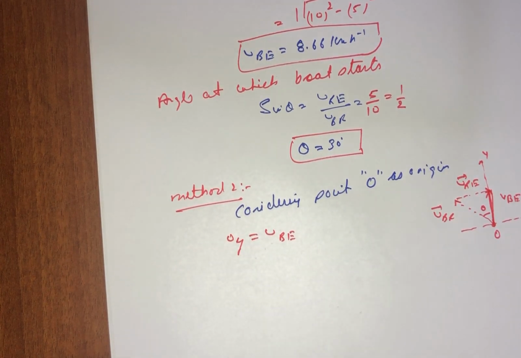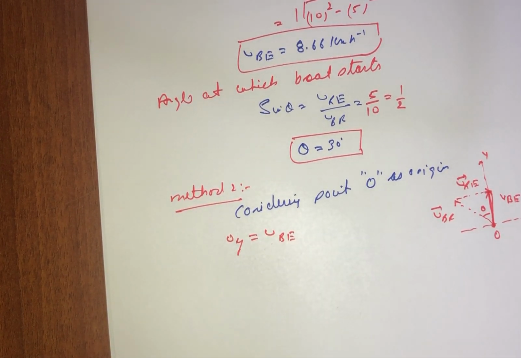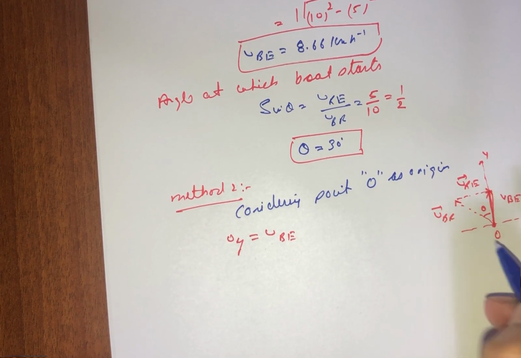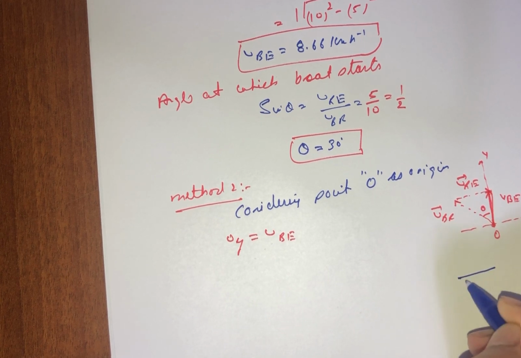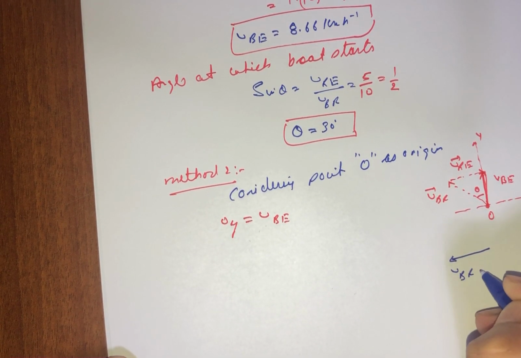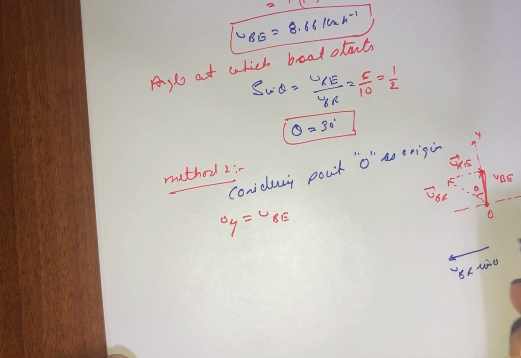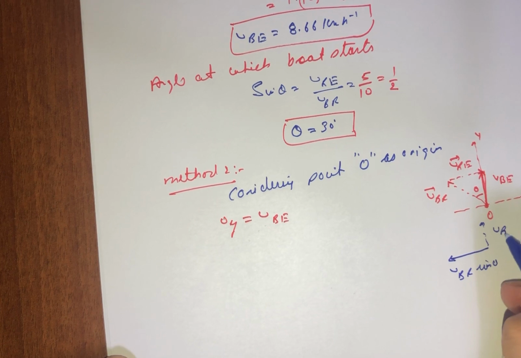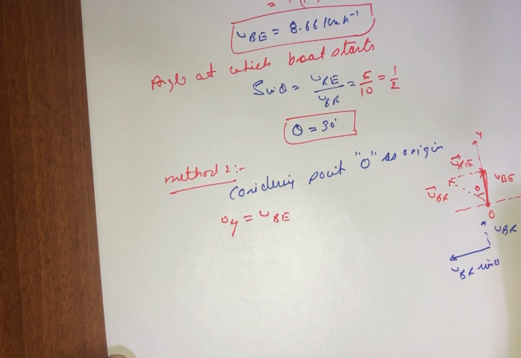Now we can find out the two components of VBR. One component of VBR will be in this direction, which we call VBR sine of theta, and another component will be in this direction, that is VBR cos of theta.